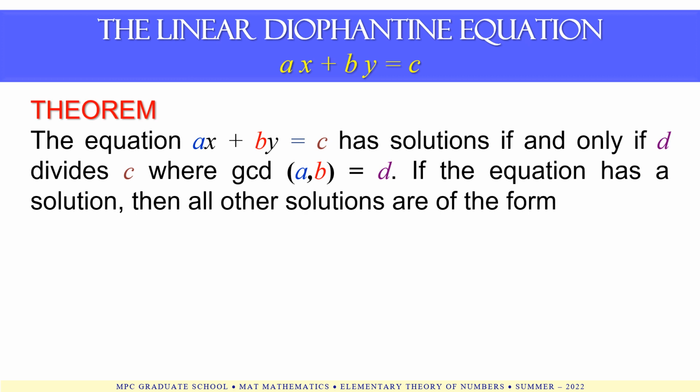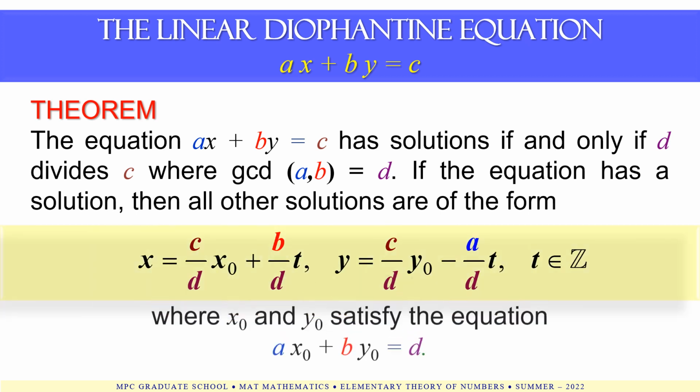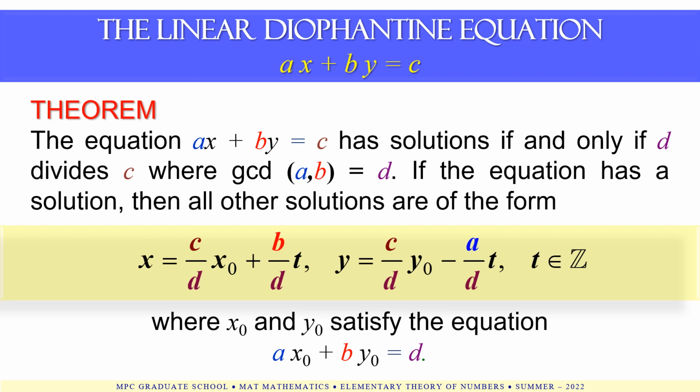If the equation has a solution, then all other solutions are of the form x equals c over d times x sub 0 plus b over d times t, and y equals c over d times y sub 0 minus a over d times t, where t is an element of Z, which is the mathematical symbol for the set of integers, where x sub 0 and y sub 0 satisfy the equation a times x sub 0 plus b times y sub 0 equals d.